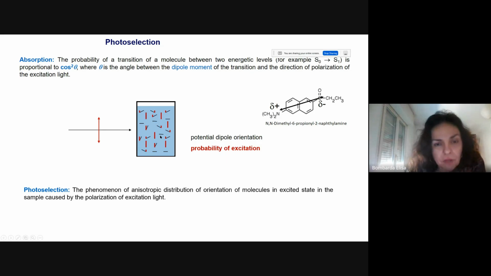Yes, so that means, since the probability of exciting this molecule is much higher than exciting that one, and actually this one is even 0. So then in the excited state, we have this molecule, but not that one. So in this case, the anisotropic distribution in the excited state is caused by photoselection.